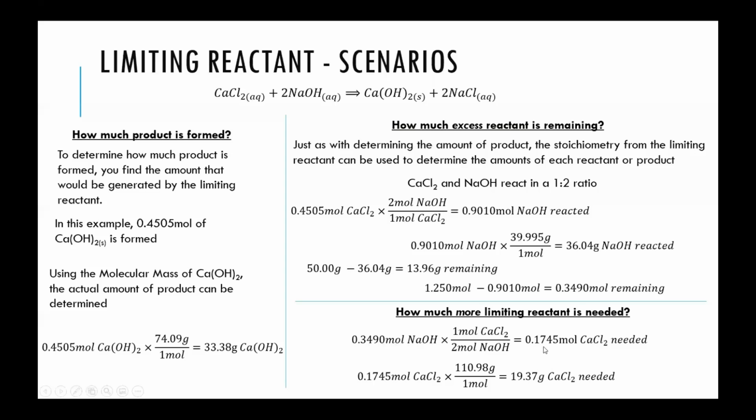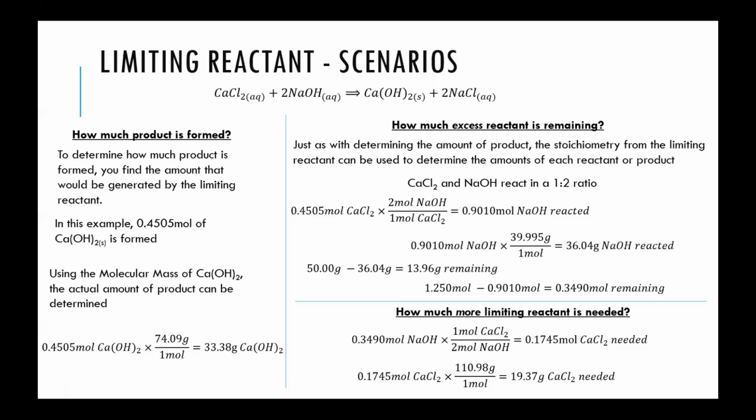So overall, a total of 0.1745 moles of calcium chloride is needed to fully react with everything of that excess sodium hydroxide. And then if you take that and convert to a mass using the molecular weight, you see that 19.37 grams of calcium chloride is needed.